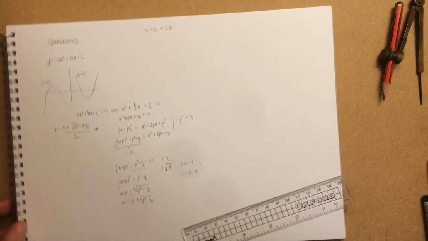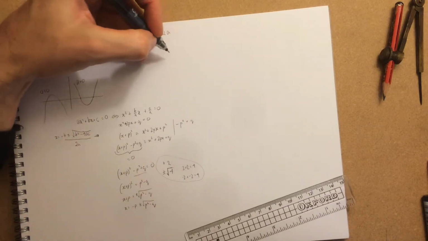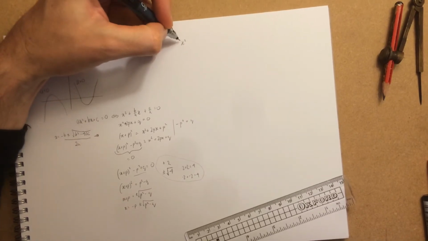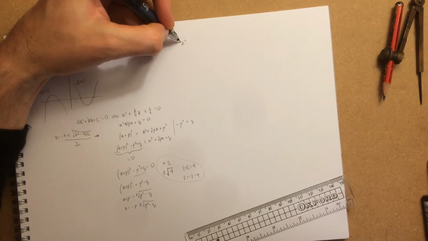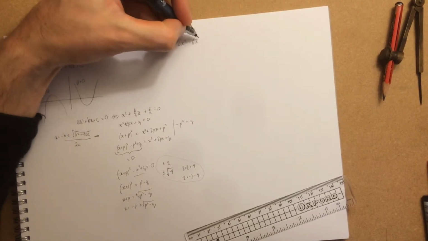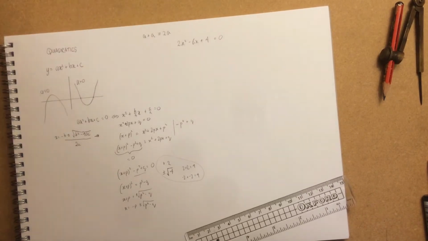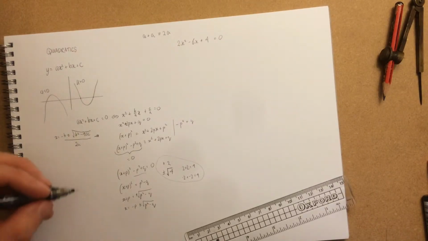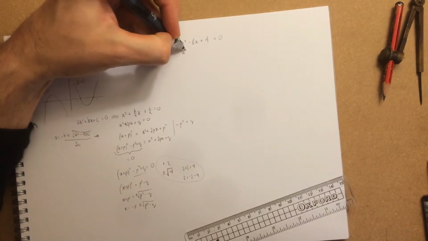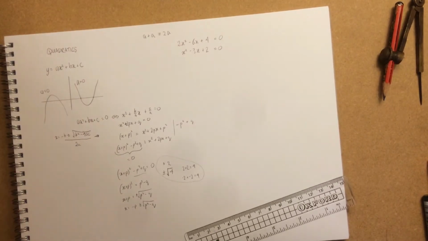So I'll make up an example. 2x squared minus 6x plus 4 equals 0. So we get rid of our coefficient of x squared: x squared minus 3x plus 2 equals 0.